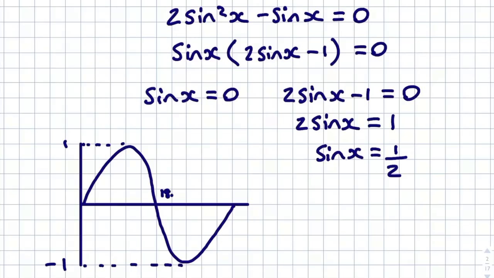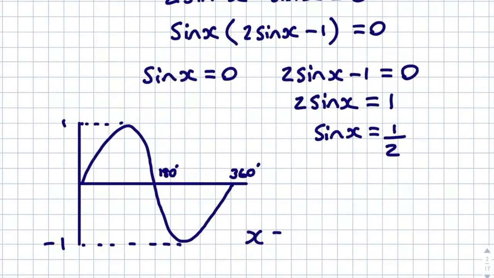Here is 180 degrees, and here is 360 degrees. Now, I want to find a value for x. So if we use sine x equals 0, if I apply the inverse of sine to both sides, I'm going to get x equals the inverse of sine of 0. The inverse of sine, when y is 0, x is 0.